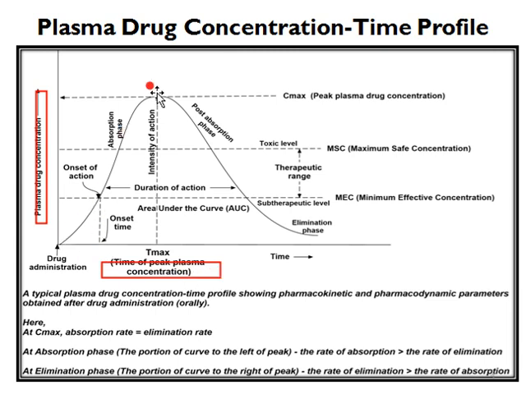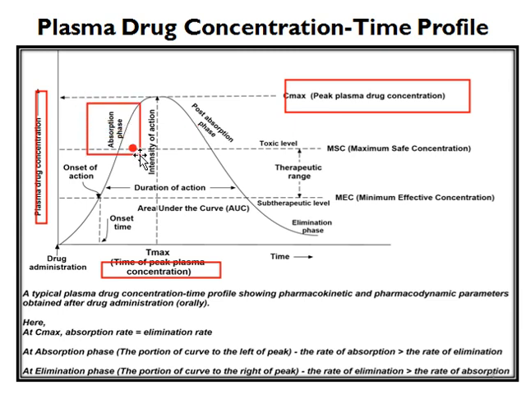You will obtain a bell-shaped curve, and the peak of that curve will represent Cmax, that is the peak plasma concentration. The phase on the left side of the Cmax is known as the absorption phase, where the rate of absorption is greater than the rate of elimination.